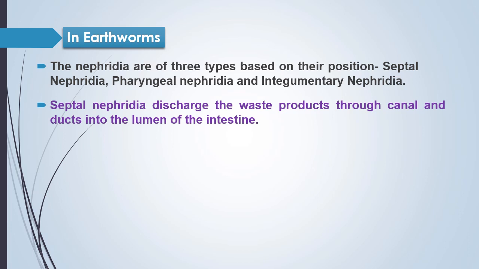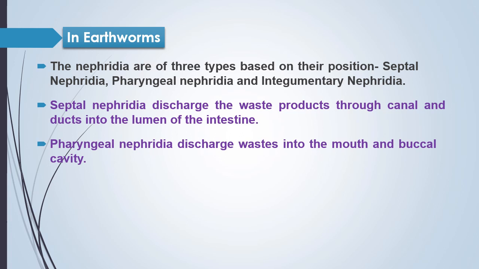The septal nephridia discharge the waste products through canals and ducts into the lumen of the intestine. So they are enteronephric. The pharyngeal nephridia discharge the waste into the mouth and buccal cavity, so they are also called enteronephric nephridia.